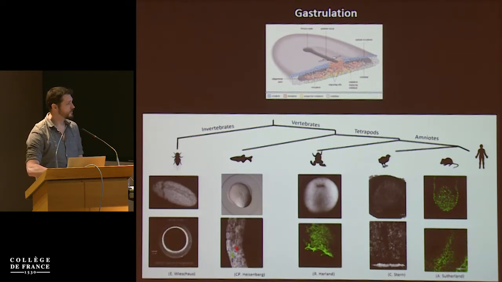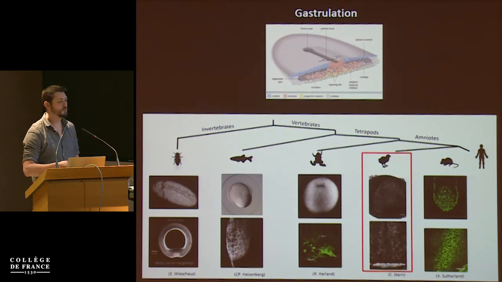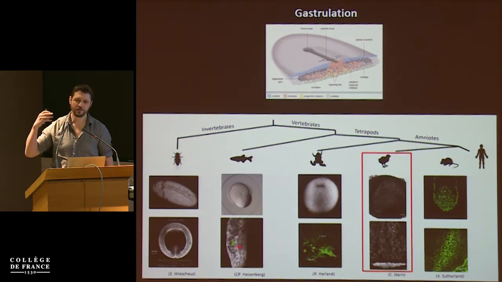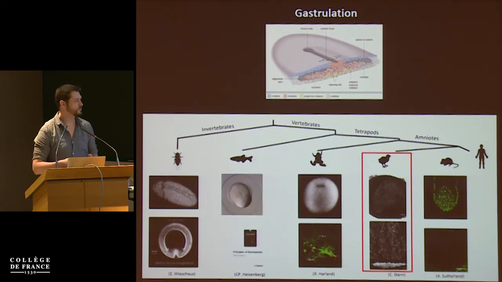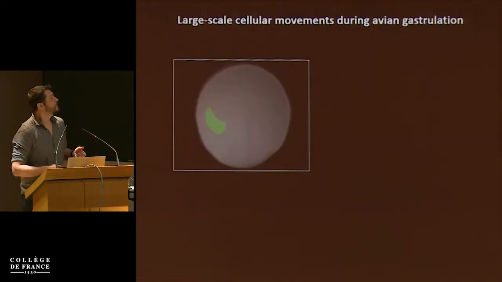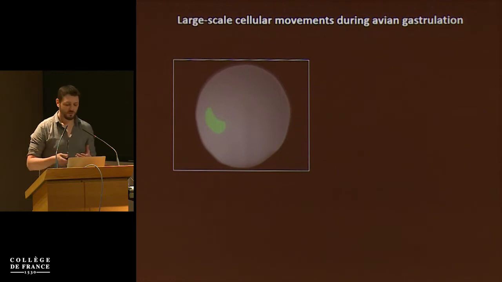So what we decided to do as a lab is to work using avians. Avians have different advantages, and especially they are very amenable to live imaging methodology, which is a very critical aspect if you want to look at dynamic processes, of course. Gastrulation in chicken happens just when you put the eggs in the incubator.